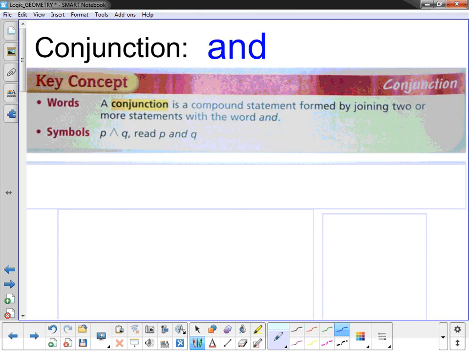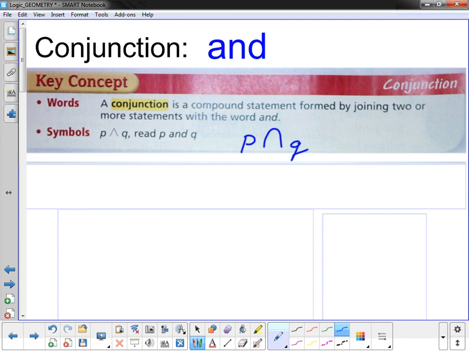Now, that's not the only symbol you'll see. You'll also see a U-type shape, P and Q. It depends on the book and the type that you use. So either one of those, either the cap or the U shape, goes back to our Venn diagram information that we talked about before. That refers to an intersection.